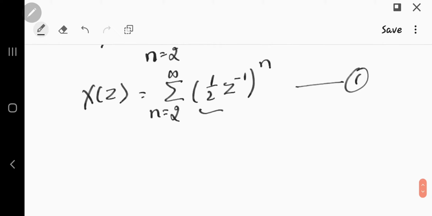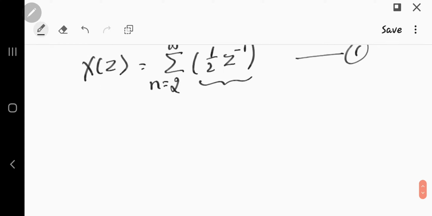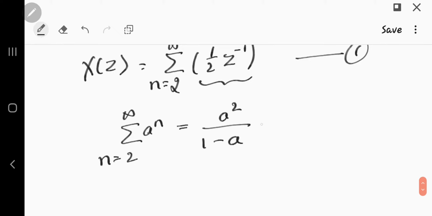Now, this term should converge for the ROC. This term will give you the ROC. From the geometric series, we have for n is equal to 0 to infinity a to the power of n, we can write it as 1 divided by 1 minus a, where a is less than 1.